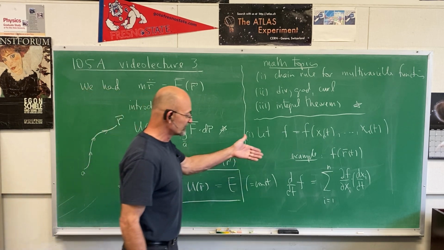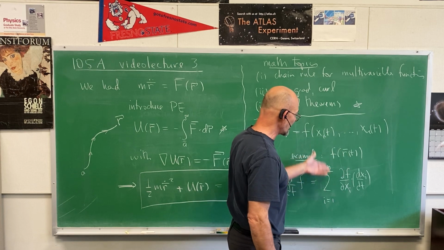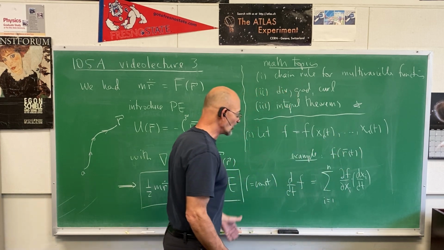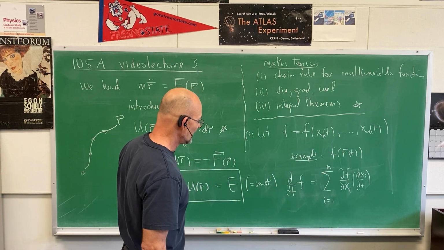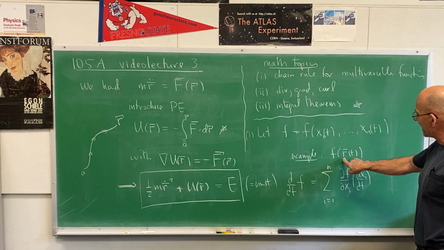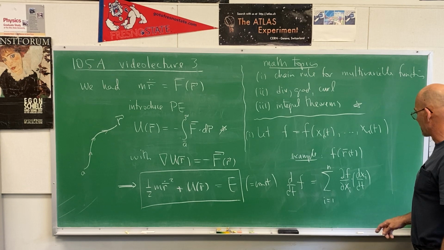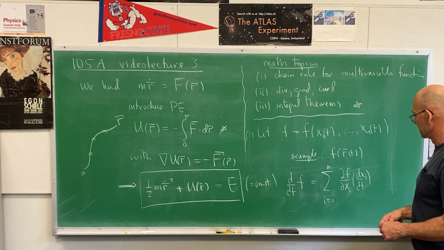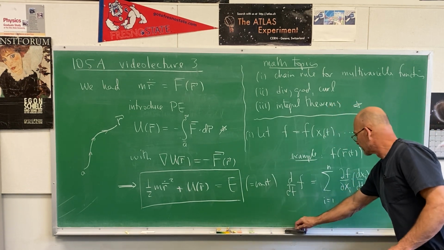You could write these out from 1 to 3 if you had x, y, and z, or more if you have more variables. And this f here is, of course, evaluated at its argument.